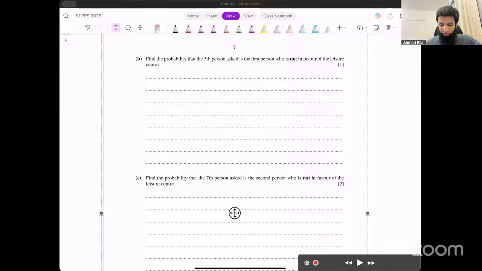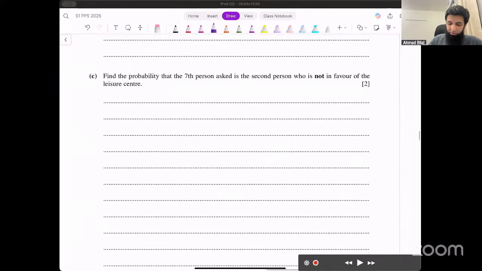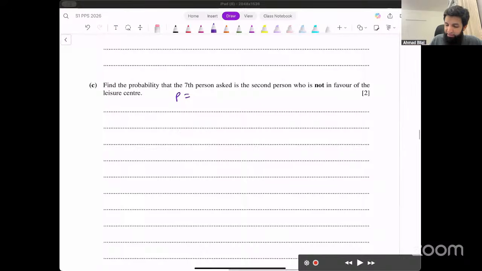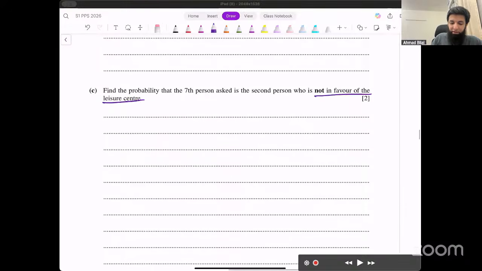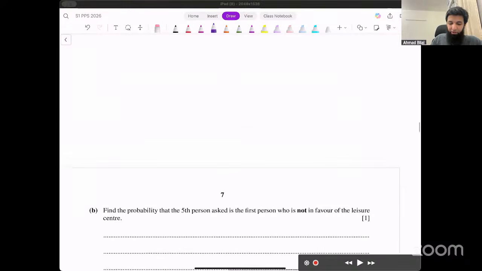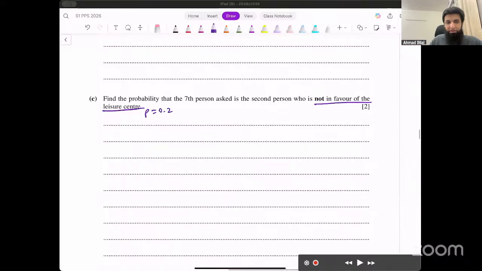बिल्कुल वही करेंगे हम सर. तो प्रोबेबिलिटी ऑफ सक्सेस, यहाँ पे सक्सेस का क्राइटेरिया क्या है? नॉट इन फेवर ऑफ द लेजर सेंटर, इसका क्या मतलब होगा? प्रोबेबिलिटी ऑफ सक्सेस 0.2 इन दिस केस. आप क्या करोगे?